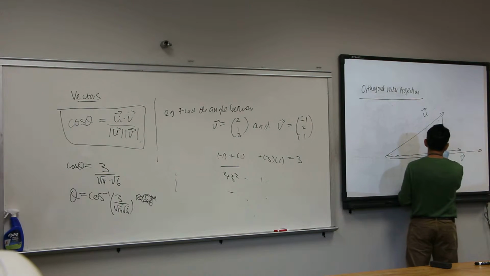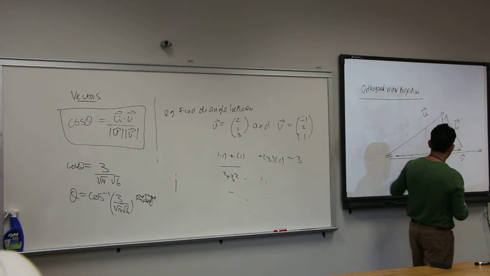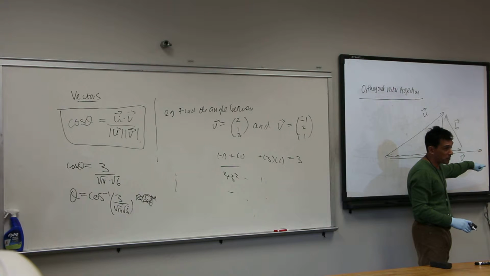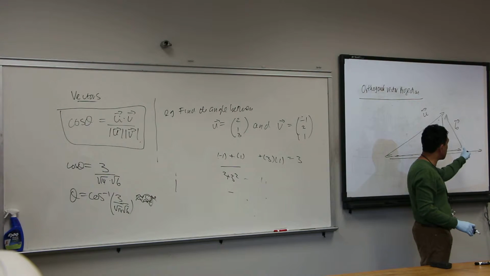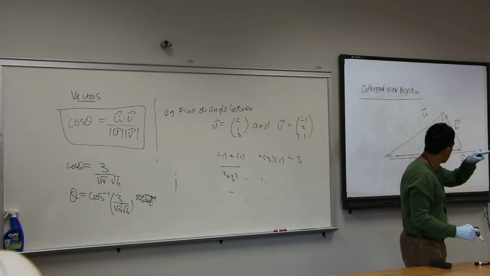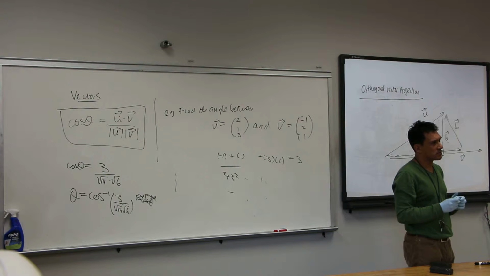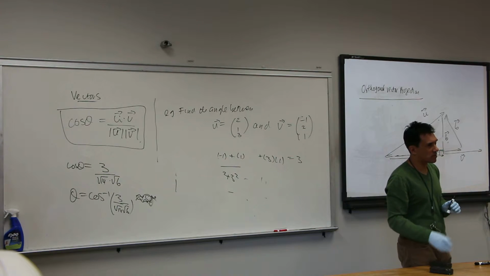Here, A plus B is equal to U, and A is in the direction of V, but B is not perpendicular to V. That's not going to do the trick. Clear?